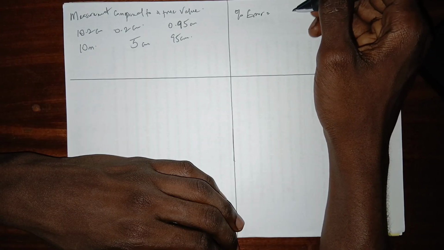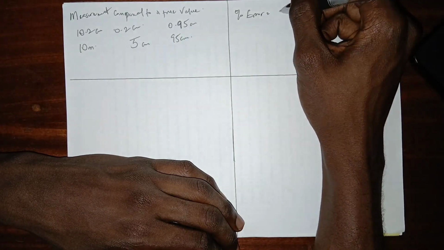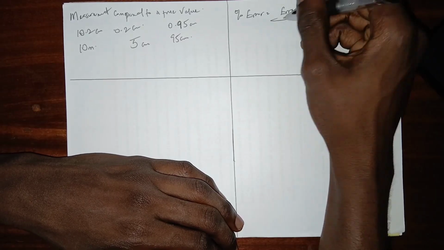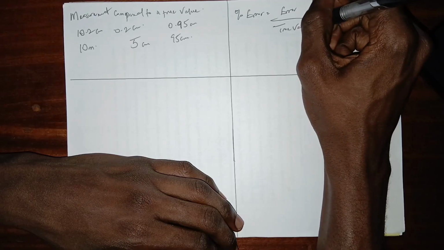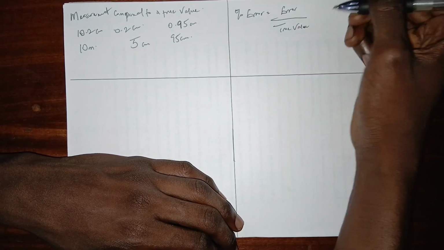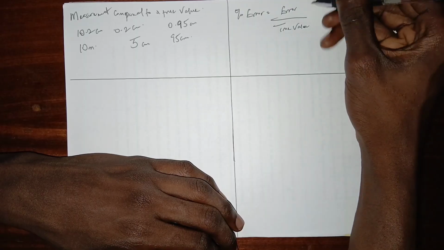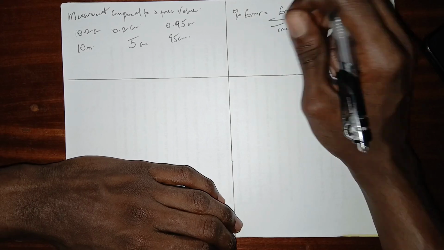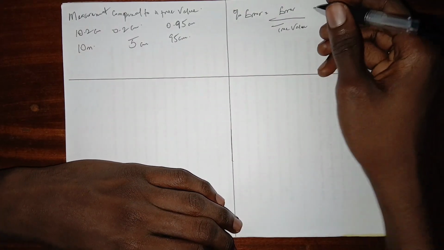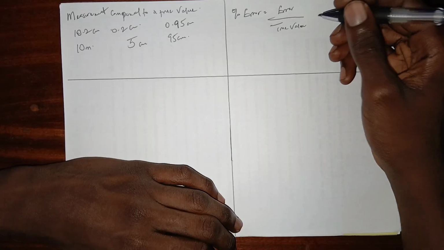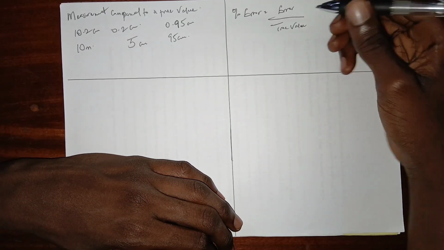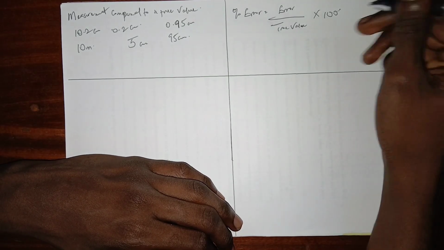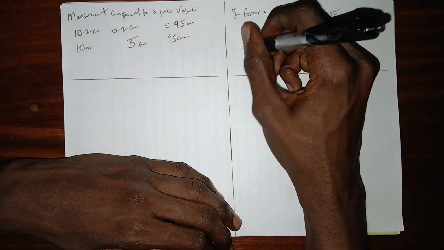Percentage error equals error, which we'll define later, over the true value, or the correct one, then times 100. So it's just a percentage.